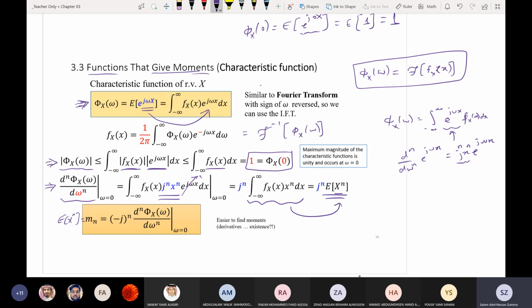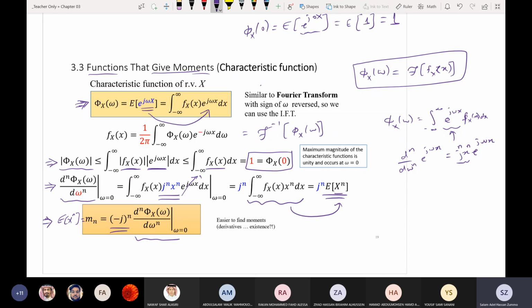So looking at it backward, the expected value of x to the power n, which is the nth moment, equals, by dividing over j to the power n, minus j to the power n multiplied by the nth derivative of the characteristic function.